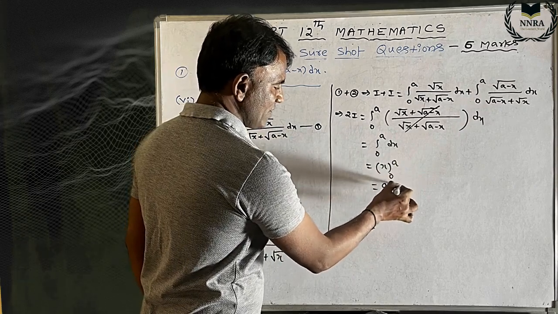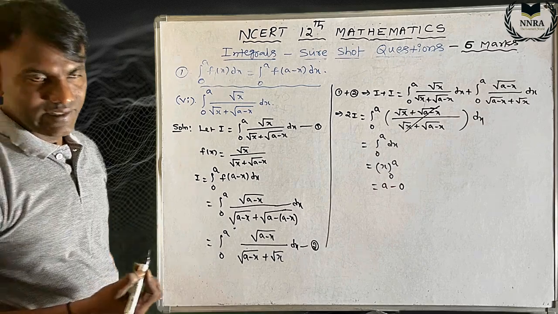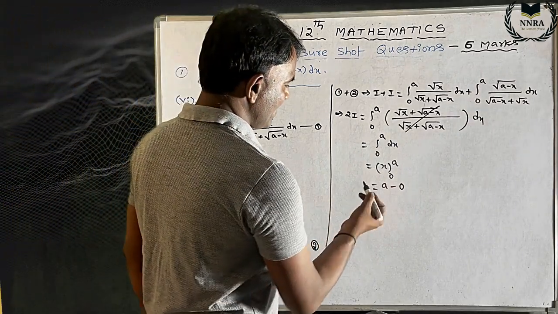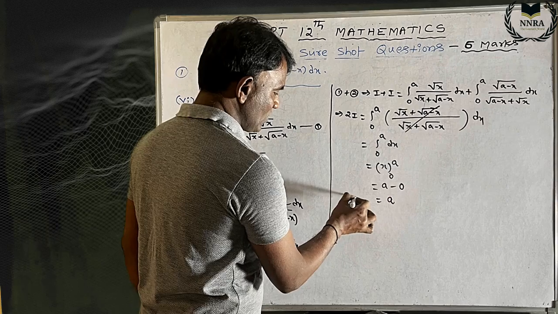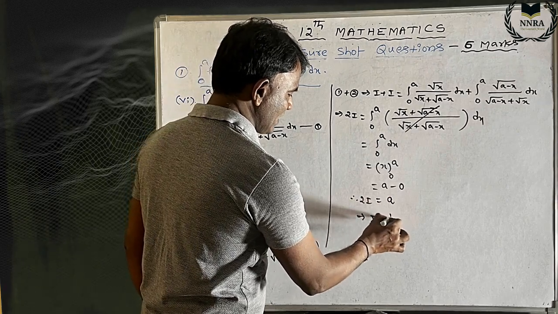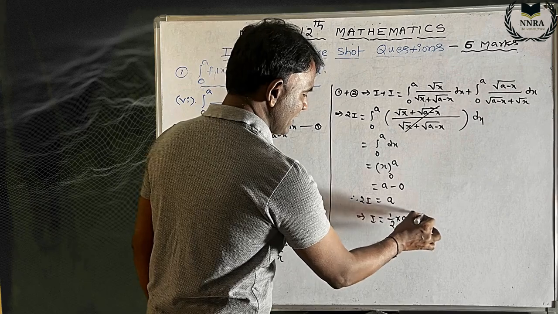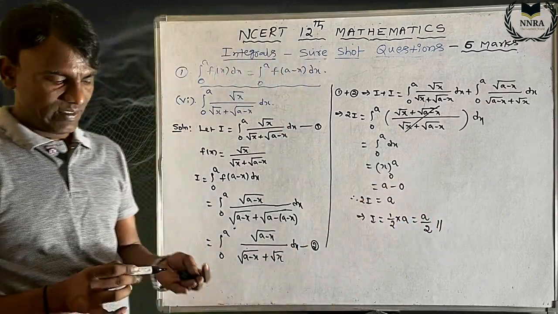So upper limit in the place of x, lower limit in the place of x, then a minus 0. So a minus 0 can be written as a. Now this is 2I value, right? But we want I value, that can be written as 1 by 2 into a, that equals a by 2. That is the final answer.